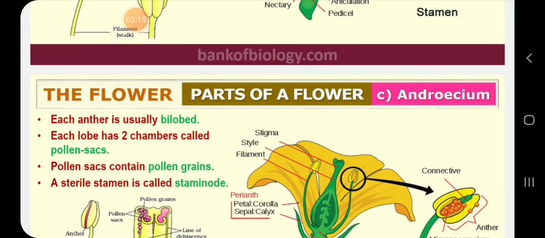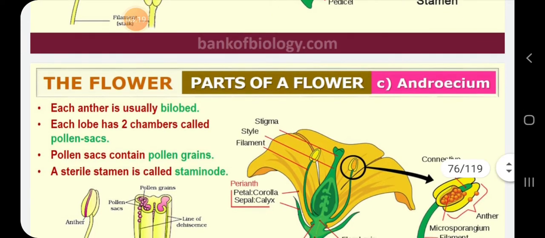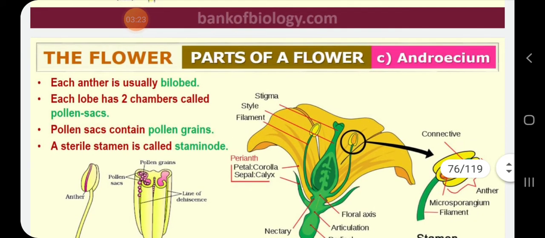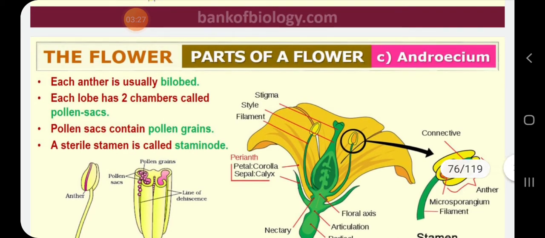Each anther usually has 2 lobes, so it is called bilobed, and each lobe has 2 chambers called pollen sacs. So the whole anther has 4 pollen sacs, and inside the pollen sac are pollen grains. The sterile stamen is called staminode.